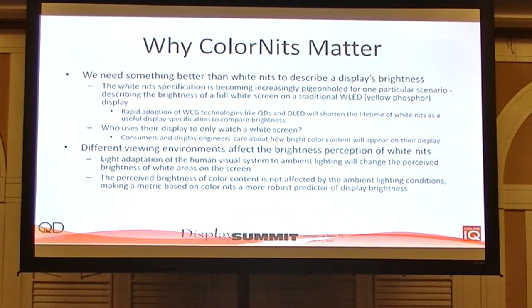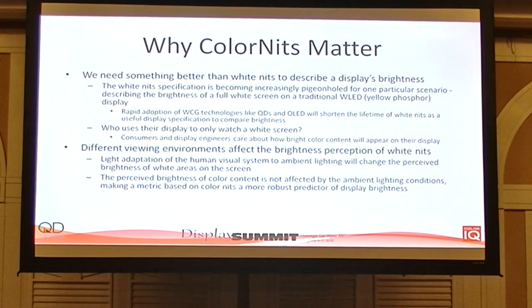The other thing is another example, which I don't have time to go into, but is this notion of brightness perception as a function of ambient. That's another one where the common nits number doesn't really tell you what the color looks like under different ambient conditions.